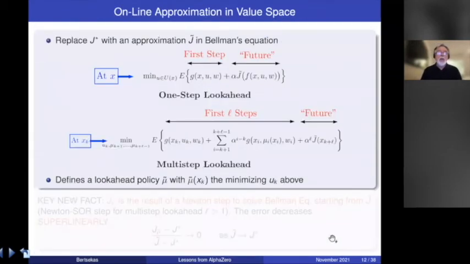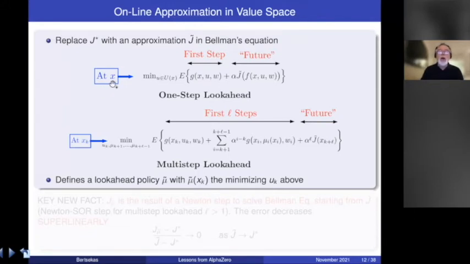Okay. So now let's talk about approximation in value space, a major approximate dynamic programming reinforcement learning framework. Here, it's very difficult to find J star, so we replace it with an approximation, J tilde, in Bellman's equation.